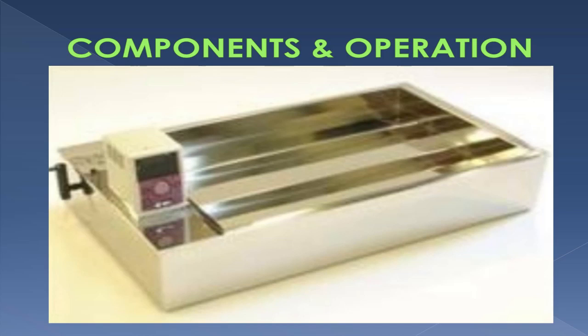Inside the Inspissator, 3 stainless steel wire trays are provided to hold media bottles. These trays can be removed from the main body for easy loading of media bottles. Trays are positioned at an angle of approximately 20 degrees to provide slope to the media for inspissating.